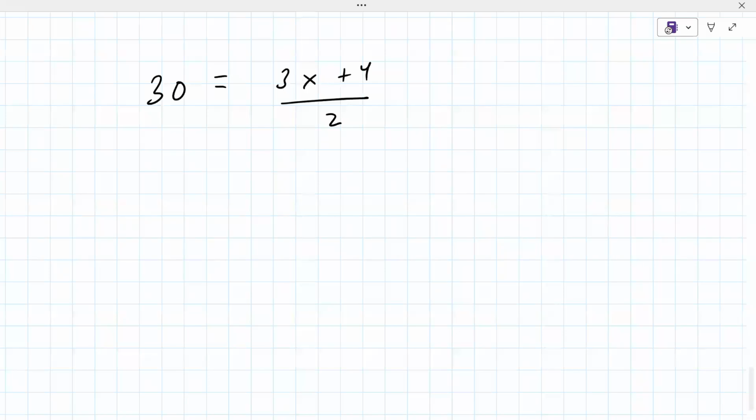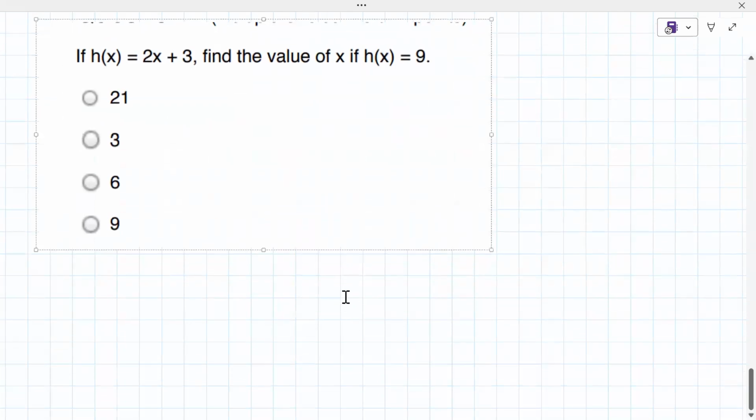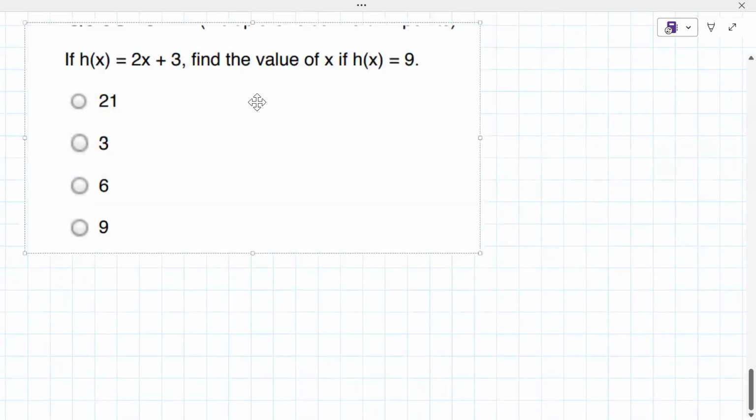Okay. But because we care about test taking strategies, let me give you a real problem and talk you through it. I think this could be one of the issues that came up during your test. Here's an actual problem: if h of x equals 2x plus 3, find the value of x if h of x equals 9.